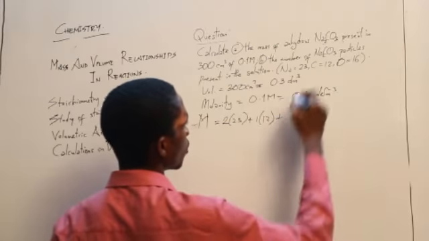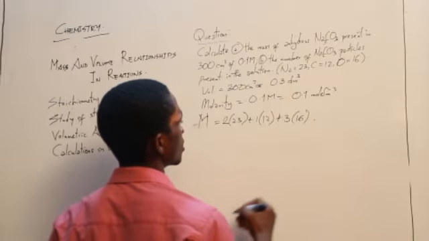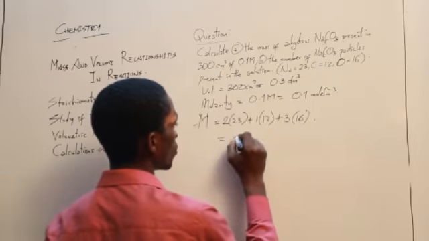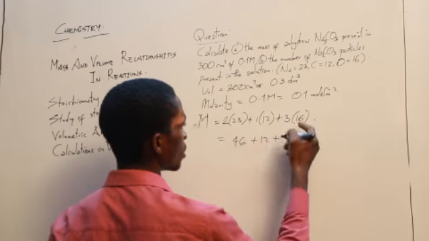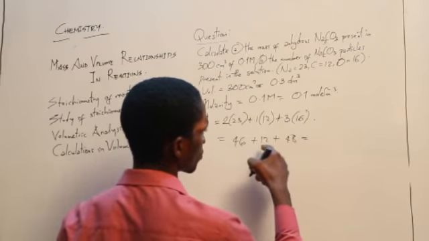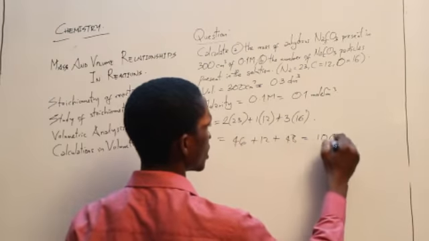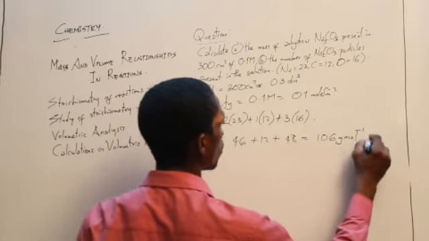And we have 3 oxygen, so we have 3 multiplied by 16. When you solve this, this will give us 46 plus 12 plus 48, which equals 106 gram per mole.